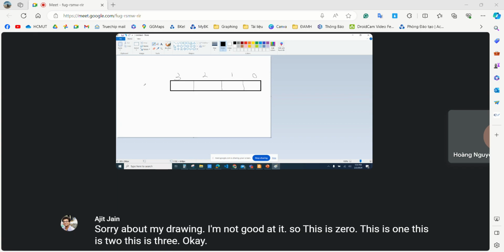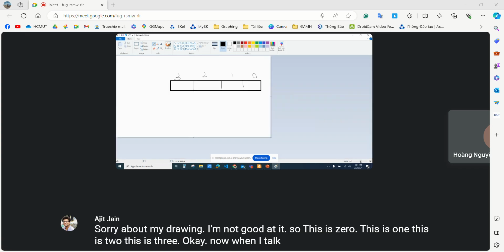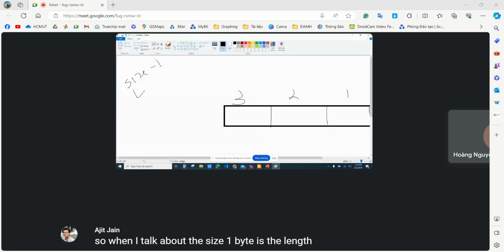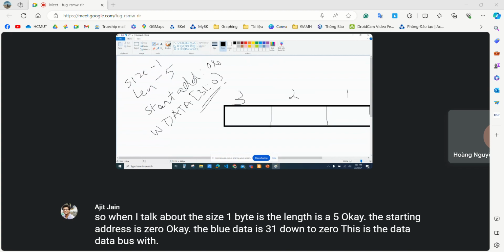Now when I talk about the size being 1 byte, the length is 5, the starting address is 0, and W data is 31 down to 0. This is the data bus width, that is 32.